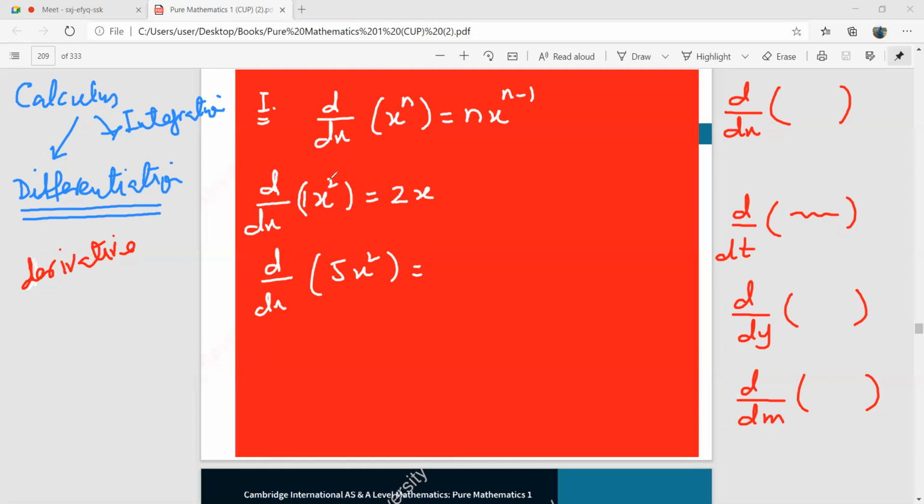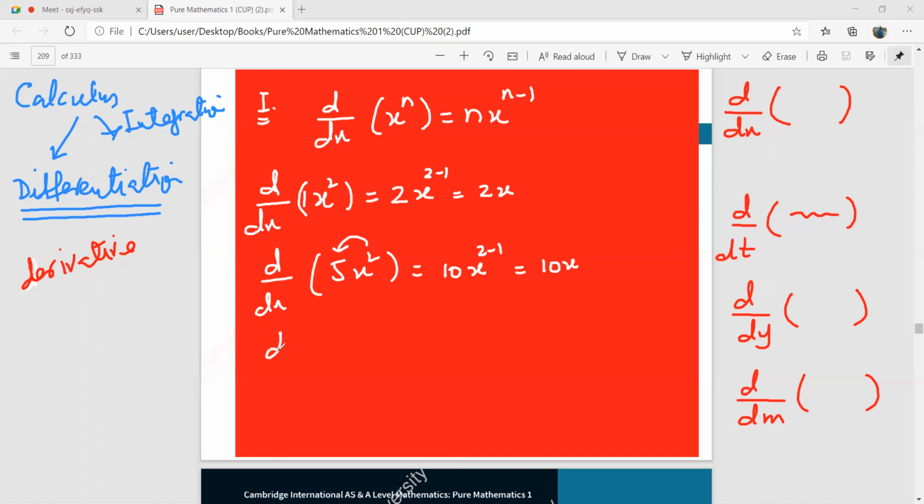So this power is multiplied with the coefficient. So this is 2 into 1, that is 2, and then you take off 1 from the power. That is why this becomes 2x. When you differentiate 5x square, you will be multiplying this 2 with the 5. So that would be 10, and x raised to power 2 minus 1. So this will be 10x.